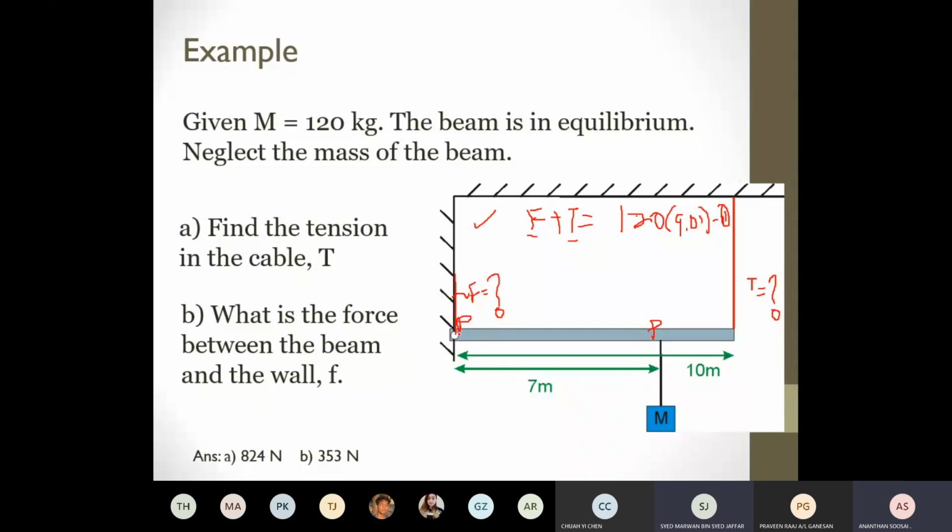Yes, the more important thing is we prefer the pivot at the wall because we don't want F to appear in the equation. F is acting at the pivot, so it doesn't give any moment there. That's the main reason, because our focus is finding T. So can you calculate what the moment looks like if you take moment about pivot P?